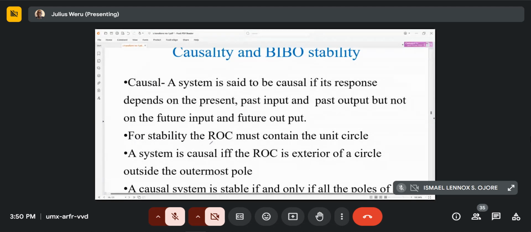And for stability, the ROC must contain the unit circle. A system is causal if and only if the ROC is the exterior of a circle outside the outermost pole.